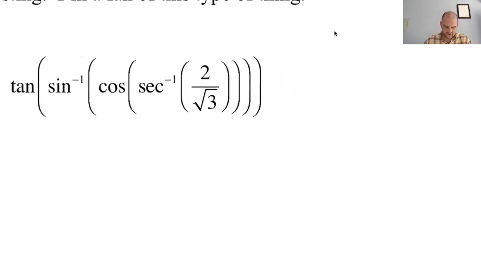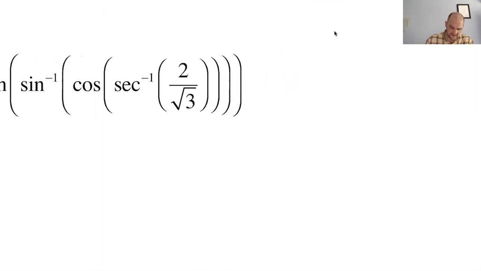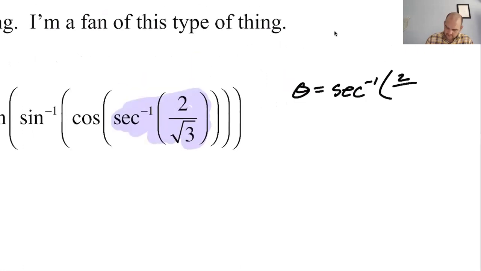If you don't like the way this is written, let's think about this. Here, this is an angle, so I'm going to call that angle theta. Theta is the inverse secant of 2 over root 3. What does that mean? It means that the secant of theta is 2 over root 3.